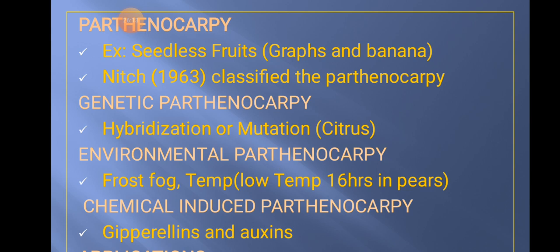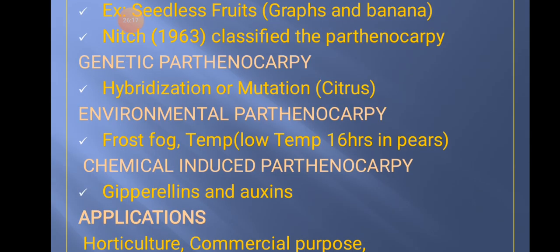Nitsch in 1963 classified parthenocarpy, for example, genetic parthenocarpy. In genetic parthenocarpy, what process is happening? Hybridization or mutation. Hybridization means two different individuals or varieties are crossed to produce a new one, and its genes are converted into another one. In mutation also, as in the citrus plant, there is a sudden heritable change.